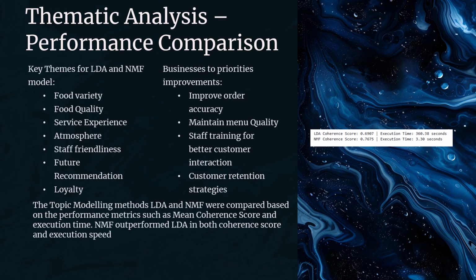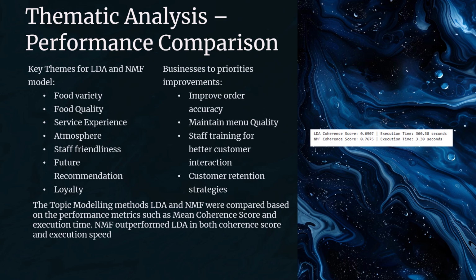A performance comparison was also done, LDA versus NMF, where we compared the coherence performance of LDA and NMF in capturing the topics by calculating their coherence score and execution time.